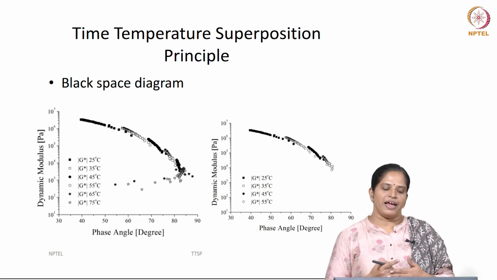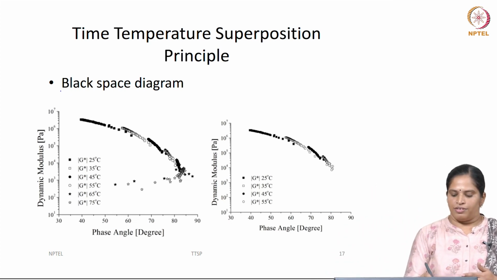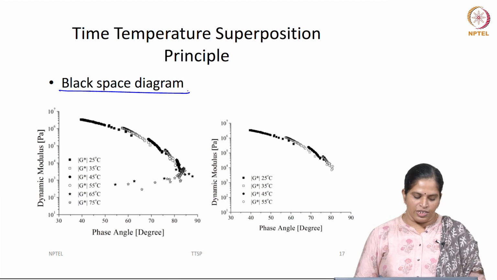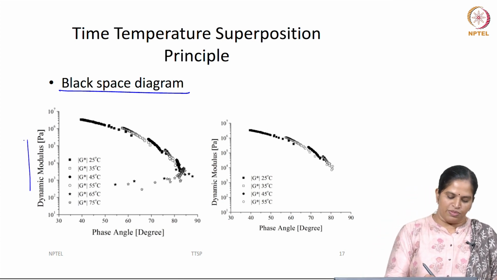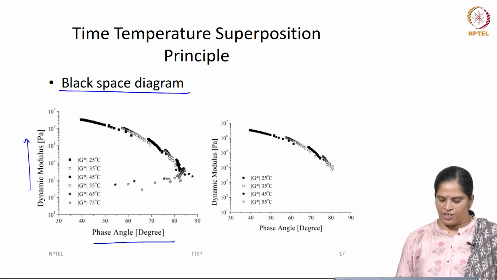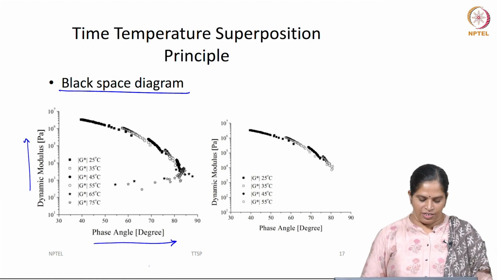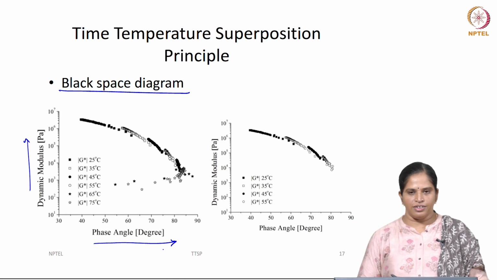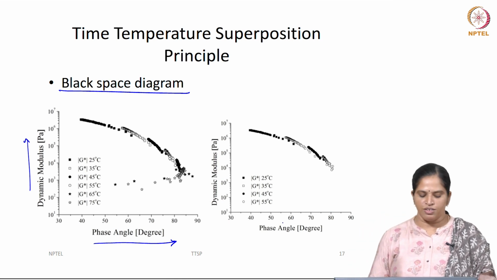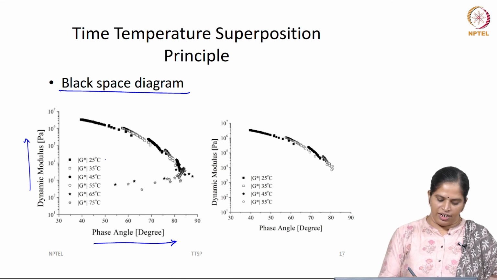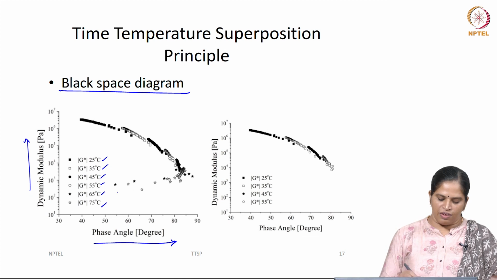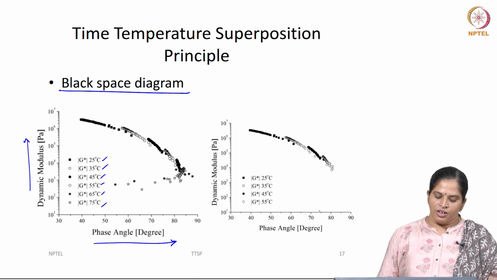So, what is this Black space diagram? It is nothing but the relation between the dynamic modulus and the phase angle. The dynamic modulus and phase angle are obtained from oscillatory shear testing after conducting a frequency sweep test at different temperatures, from 25 to 75 degrees Celsius.